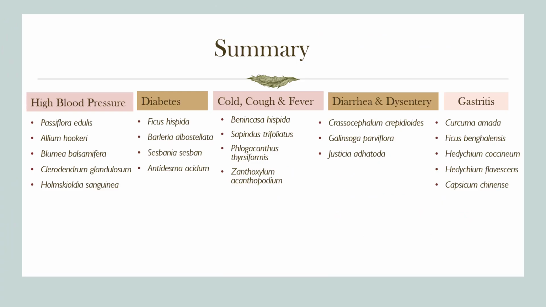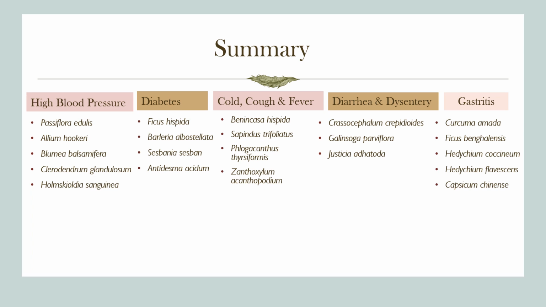But let's see the summary of today's session. First, we talked about high blood pressure. In high blood pressure, we discussed Passiflora edulis, Allium hookeri, Blumea balsamifera, Clerodendrum glandulosum, Holmskioldia sanguinea. These are the plants that we discussed under high blood pressure.